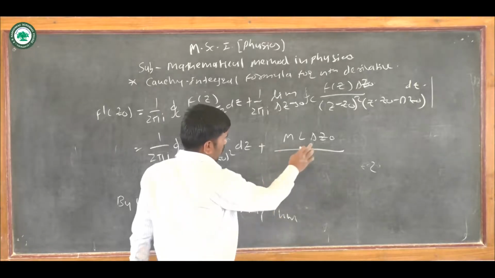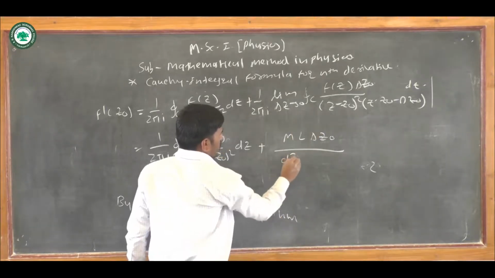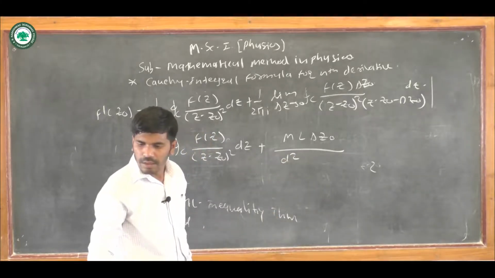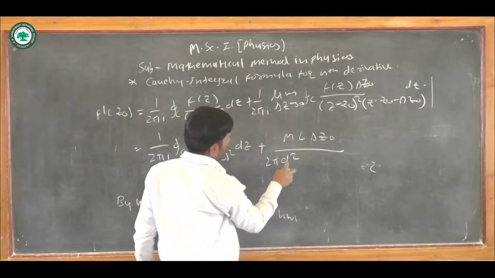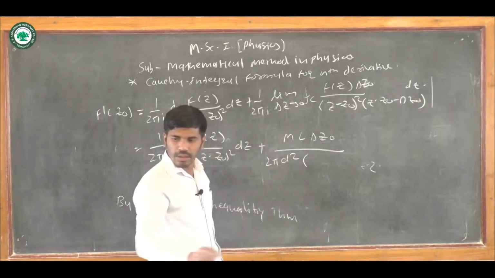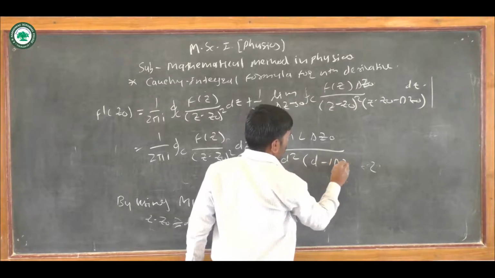Okay, so this z minus z naught modulus is d square, and we have 2 pi d square, and this thing is (d minus modulus z naught).